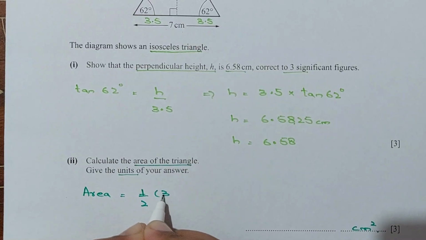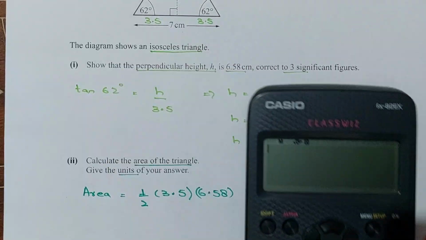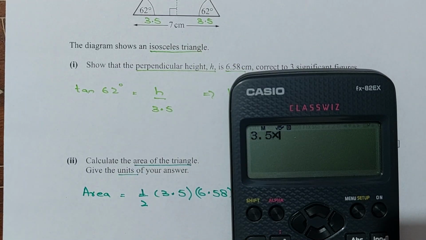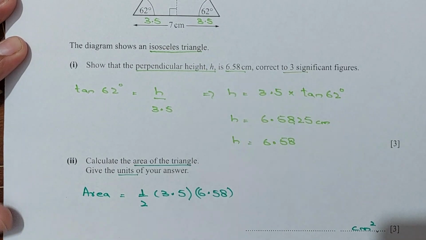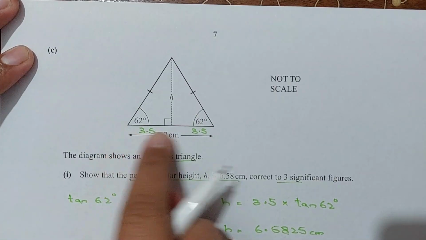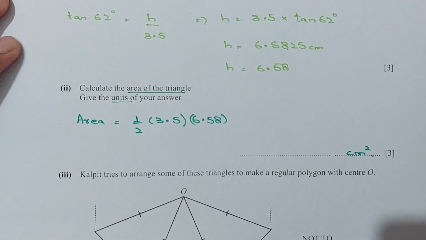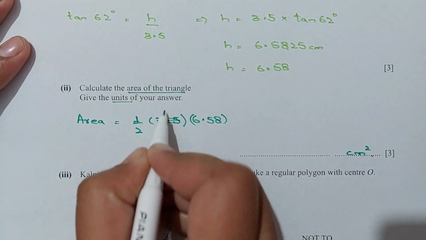The base is 3.5 and the height is 6.58 divided by 2. This is 11 point... Sorry students, I messed up over here. For area, half, base and height, I should use this base. This would be the base of 7 and this is the height. Sorry. So the base is 7.